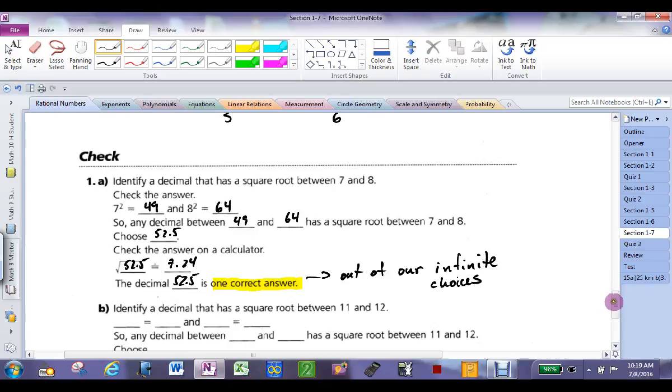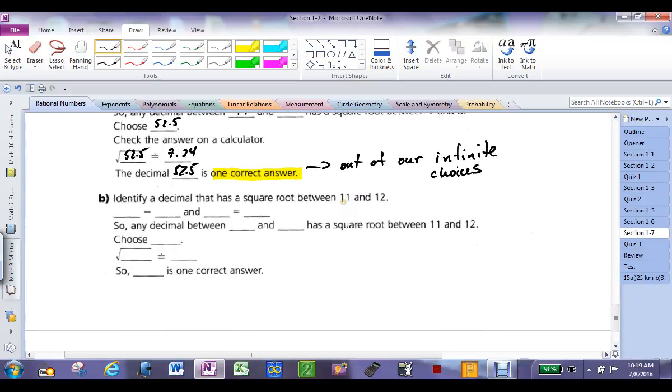So you guys do the next one. I've got to be between 11 and 12. So what is it? 121 and 144. See, Abey is already shortcutting himself down because he's paid enough attention that he gets it. So what number between 121 and 144? Any number. 129.737. Does that work? Yes.